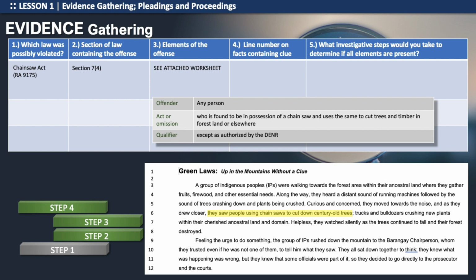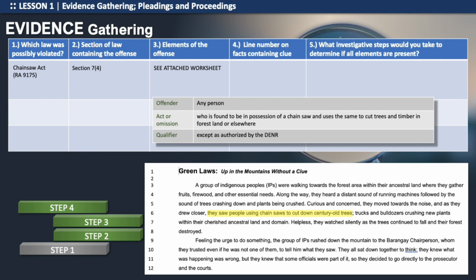Okay, it says that in that scenario, the prohibited act is any person who is found to be in possession of a chainsaw and uses the same to cut trees and timber in forest land or elsewhere. And the qualifier, of course, is that if they are authorized by DNR.